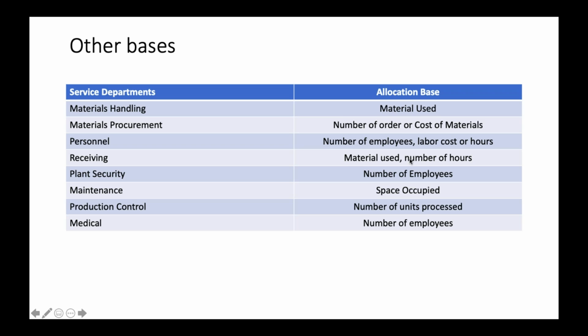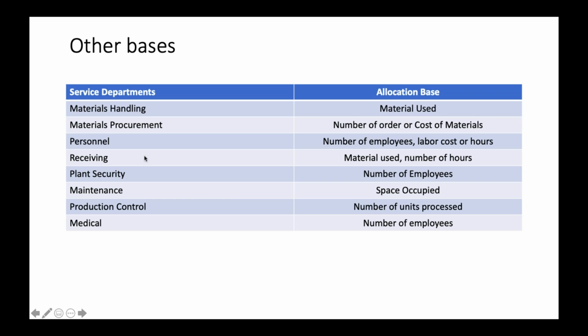Plant security, number of employees. Maintenance, space occupied. Production control, number of units processed. Medical, number of employees. So the allocation base is more responsive, more related than using direct labor hours or direct labor cost.